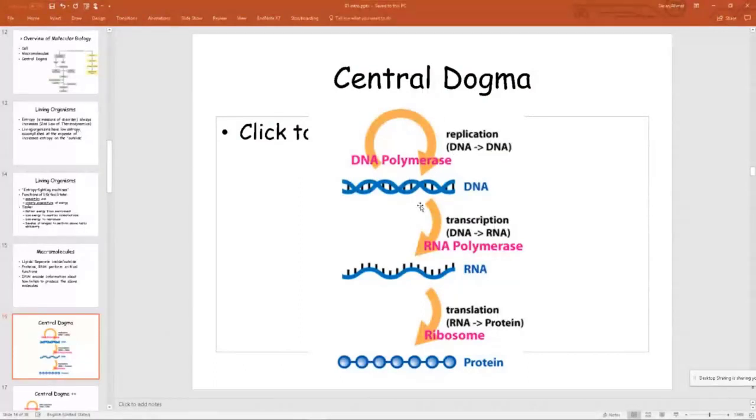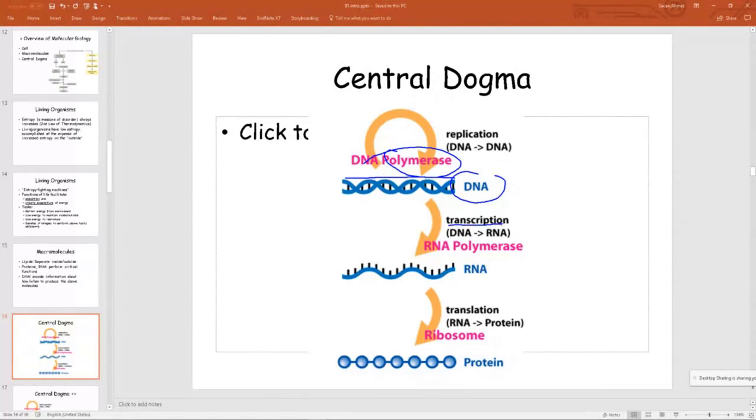It's also replicated to produce a new copy of itself. The enzymes involved in these processes are DNA polymerase. So polymerase means you take smaller monomers and make longer chains of something. So DNA polymerase means you produce DNA from individual components, individual nucleotides. DNA polymerase uses a DNA molecule to generate a new copy of DNA.